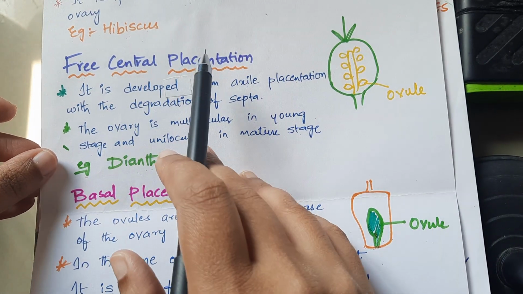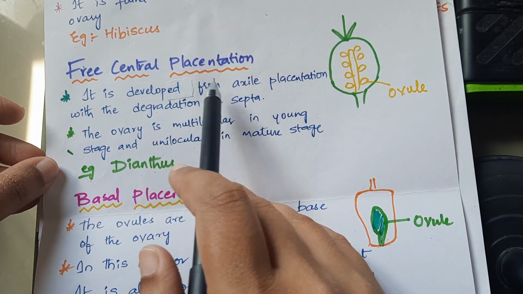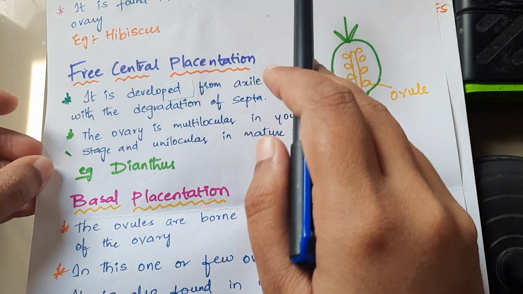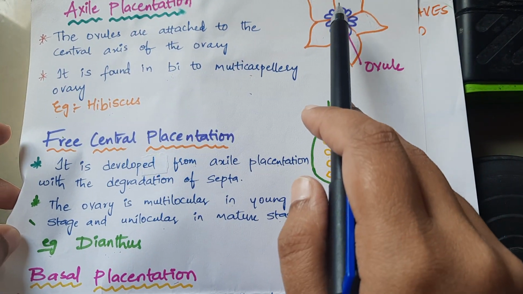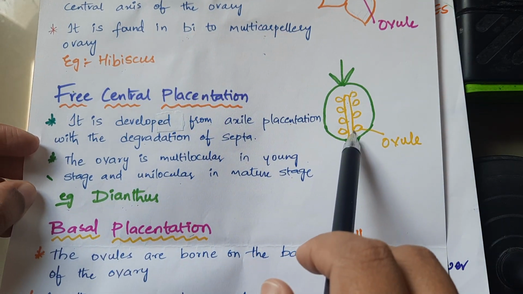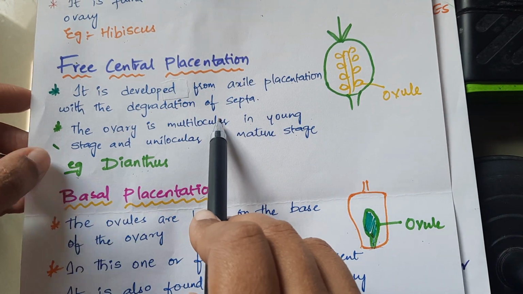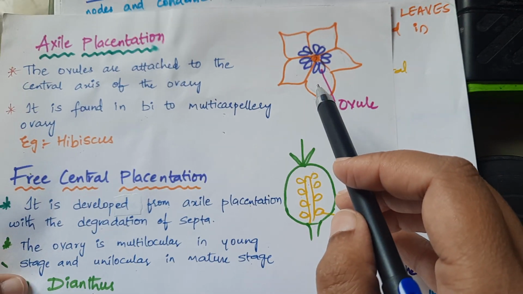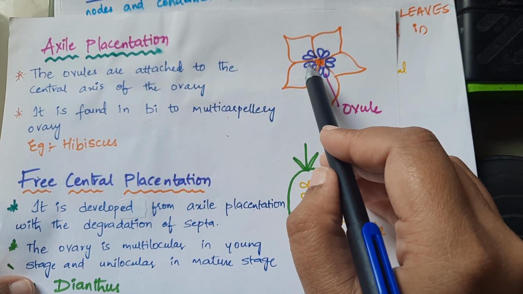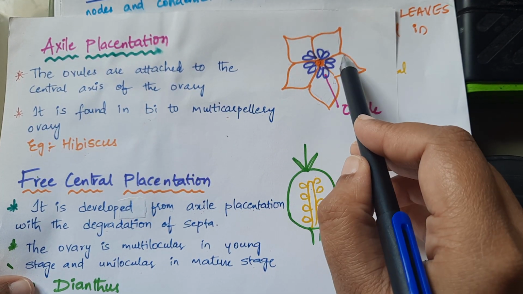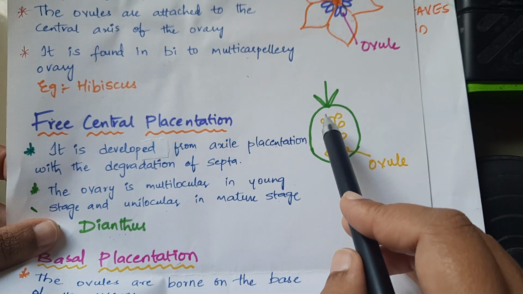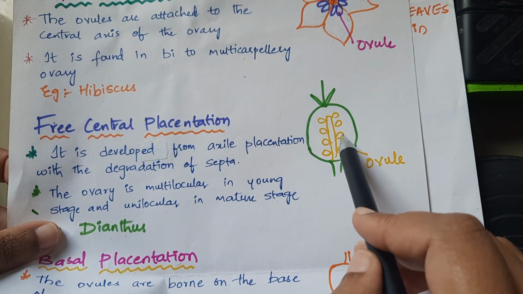Then free central placentation. It is developed from the axile placentation only. How? With the degradation of septa. See here, the septa is there, in between the locules. But here there is no septa.